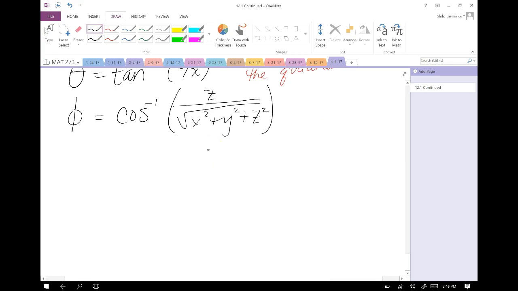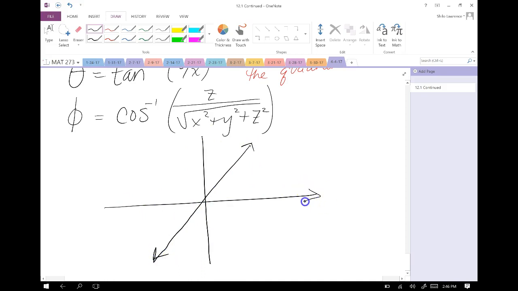So that phi formula, I want to try to show you really quickly where that comes from.